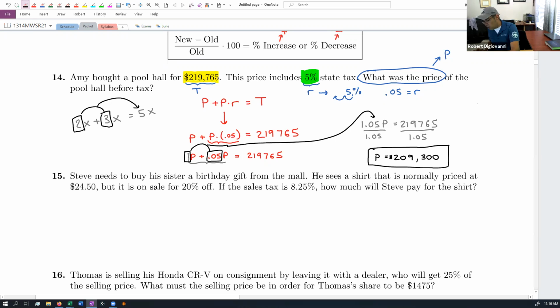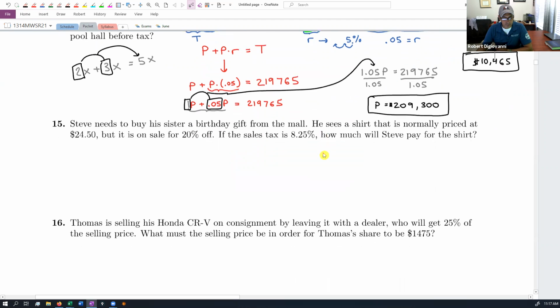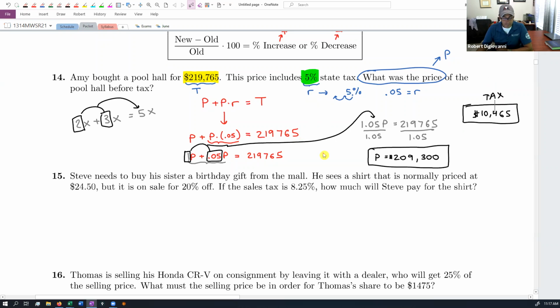So if I wanted, and I'm not asking for this in the problem, but if we wanted to know just for our own sake, she paid $10,465 in tax. That's how much the tax was. It's a lot of tax. Okay, we move on.